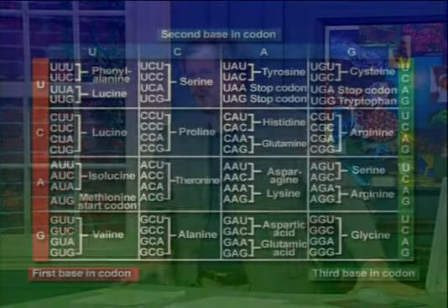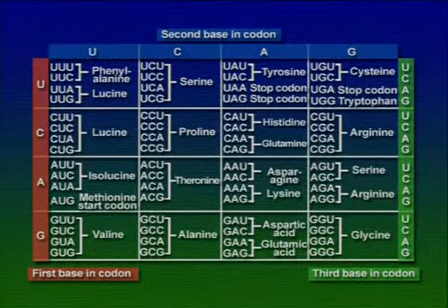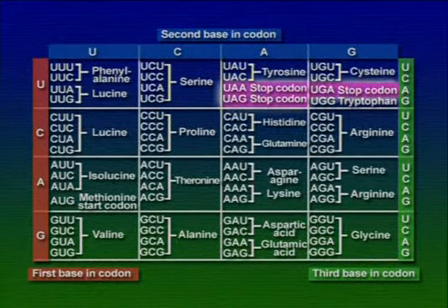Now, given that we know that there are 61 codons, remember there are 64 possible combinations of 4 things taken 3 at a time, and we know that 3 of these combinations in the genetic code are used as stop codons, leaving 61 combinations that are actually coding for amino acids.